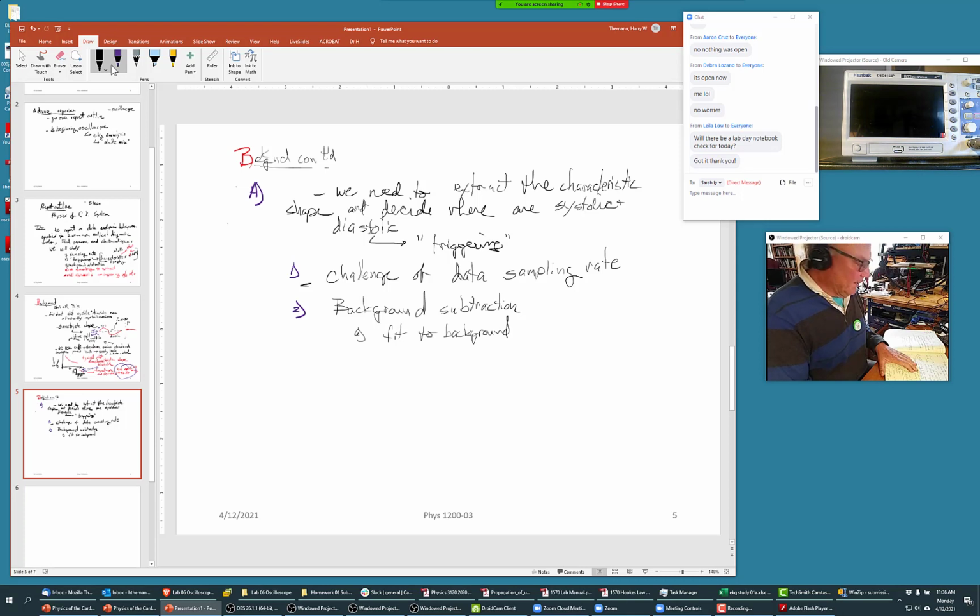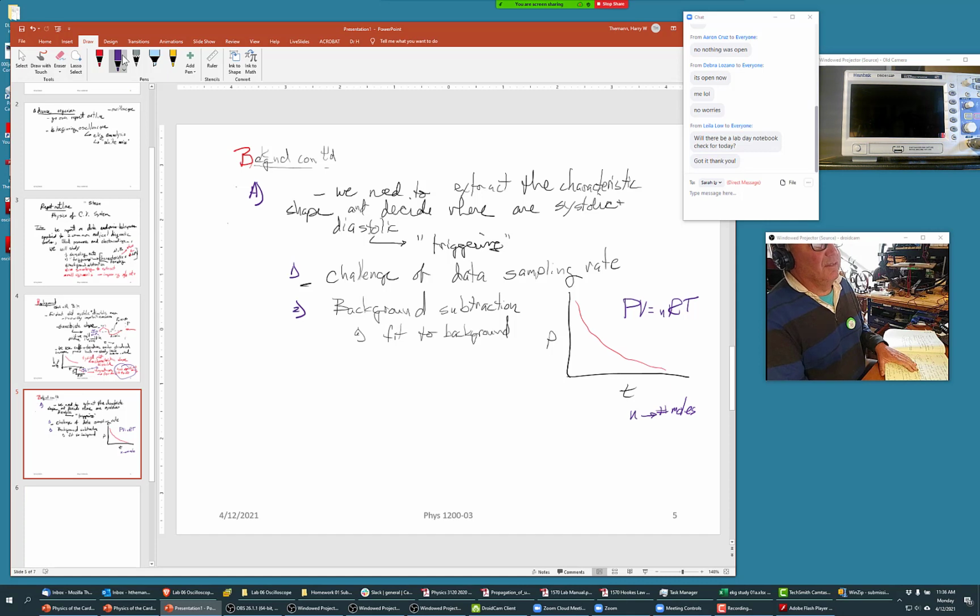But in our case, and just to remind you, PV equals nRT, we would look to this because the T, in principle, could be related to the number of moles. But in this case, it turns out that both pressure and volume are changing.